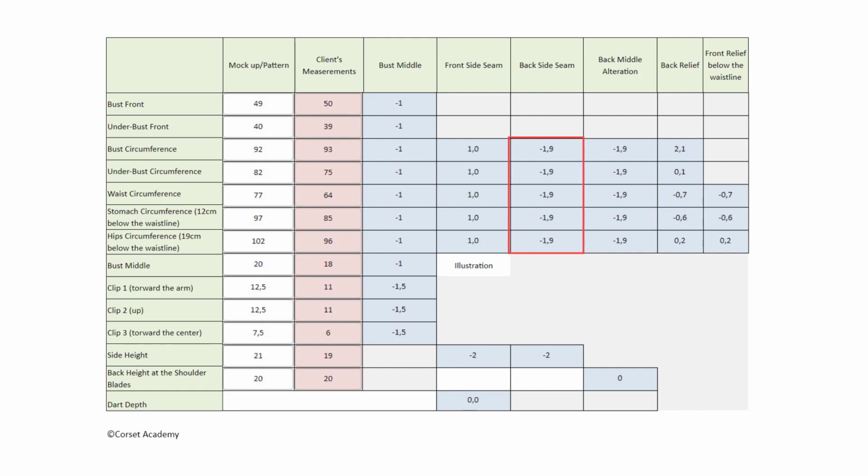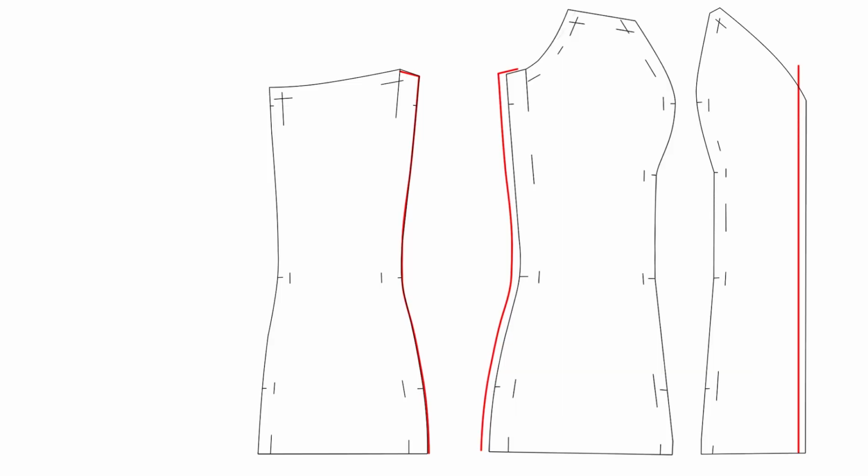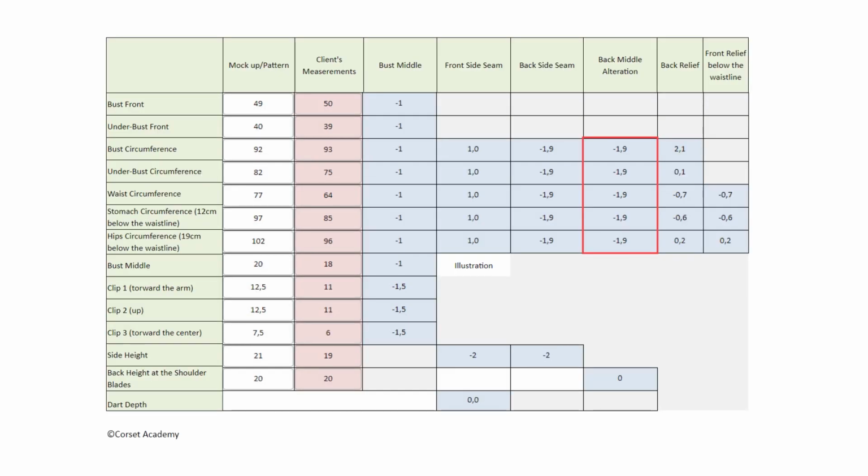Let's look at the column back side seam. All the values are equal to -1.9 centimeters. This means that the pattern should be reduced by 1.9 centimeters on the back side. Note that I make the alteration by parallel movements of the lines, keeping their length and not minding the side height measurement.